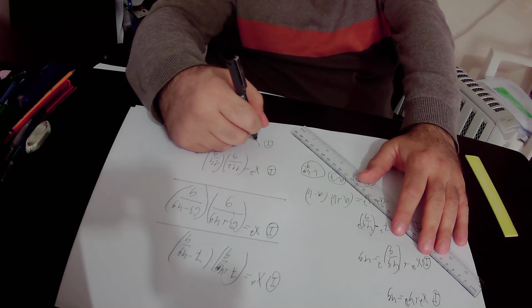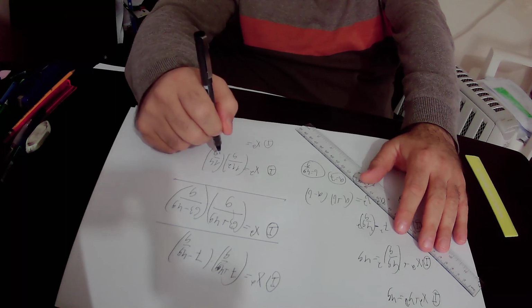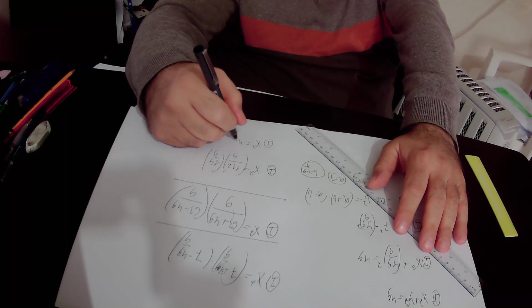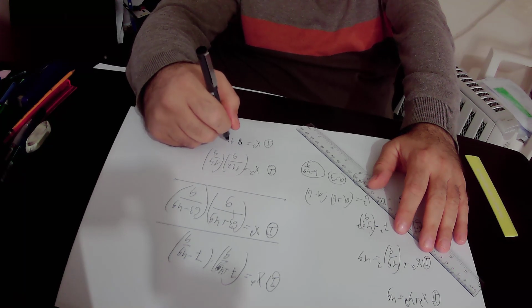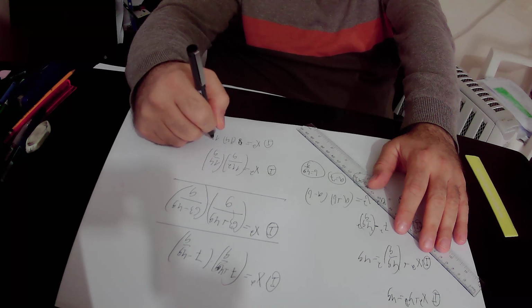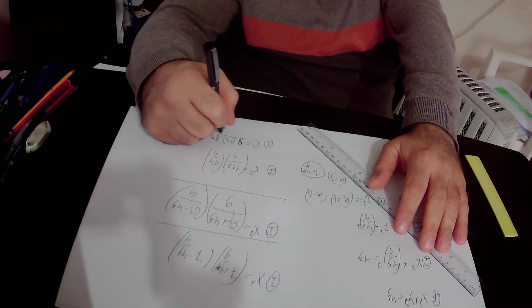So x squared equals 14 times 8 times 14 times 14 over 9 times 9.